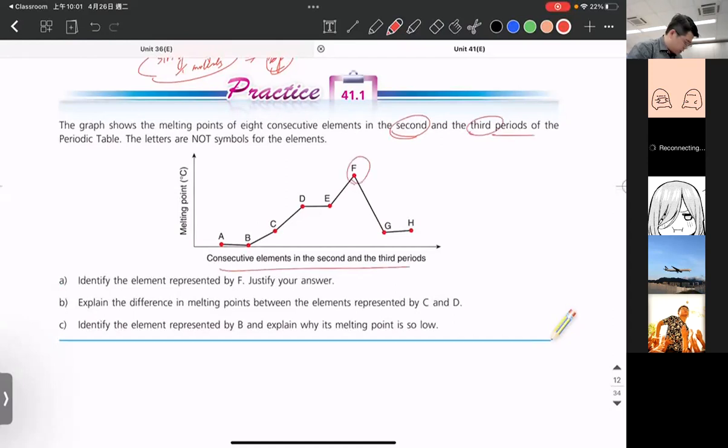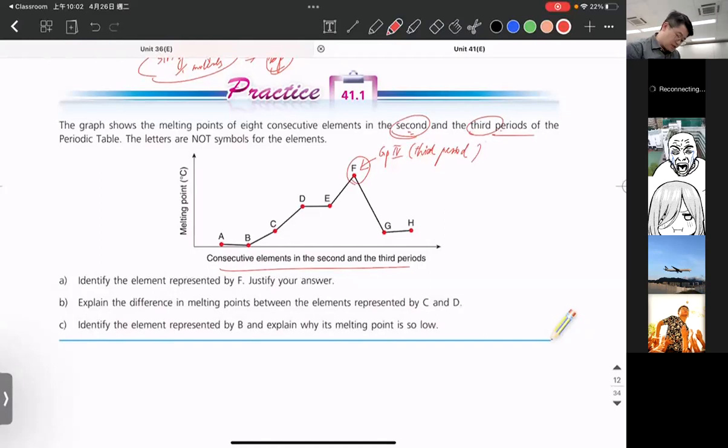But we have got this one having the highest melting point. What do you expect it to be? Group 4. Yes, group 4. But if you say the second and third period, it is highly likely the third period, group 4. So can you identify F? Silicon. Yep, it's silicon. So justify your answer is silicon.